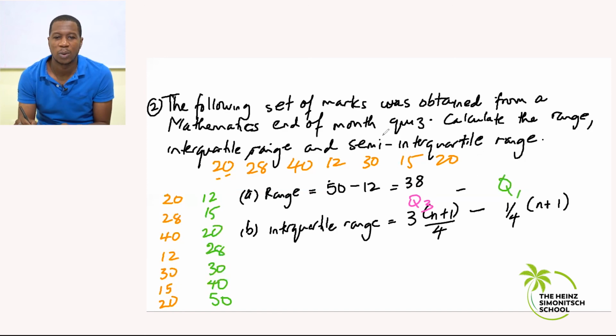How many objects do we have here? We have 1, 2, 3, 4, 5, 6, 7. We have 7.